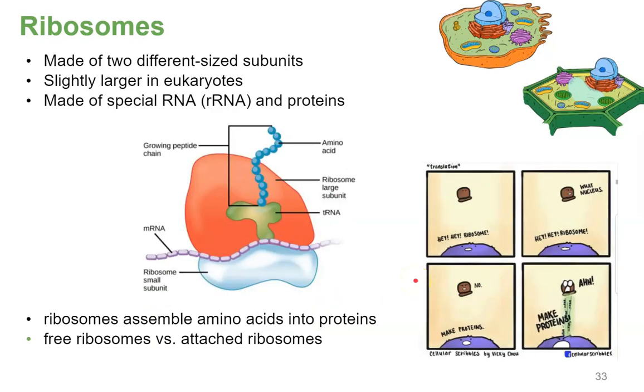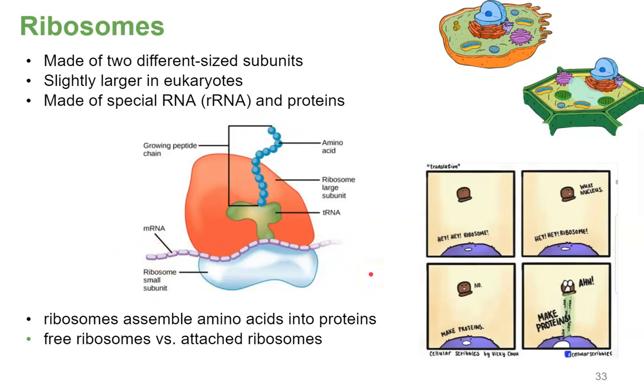Okay, so more about ribosomes. Ribosomes are two units together. There's a large unit and there's a small unit. And when they're working, they create proteins. So these proteins will come out the top here as an RNA molecule moves through it.